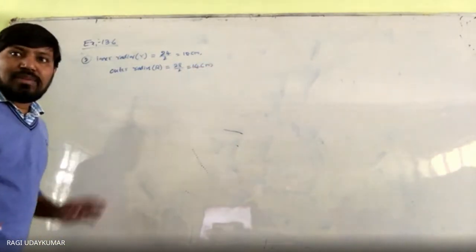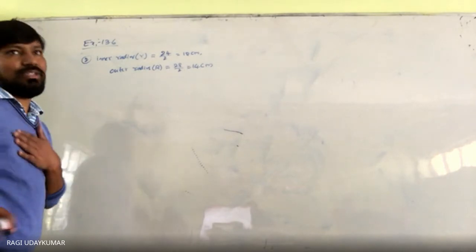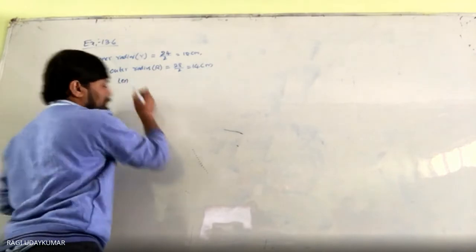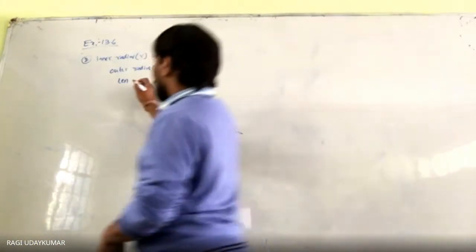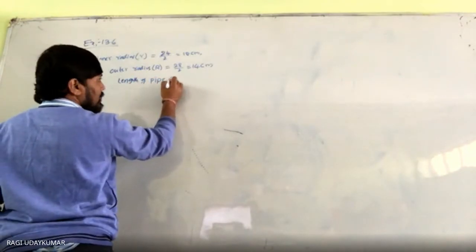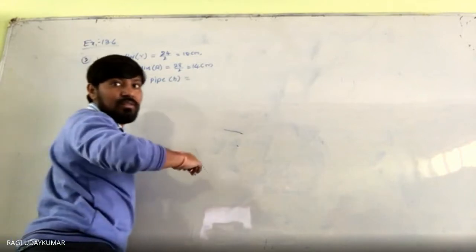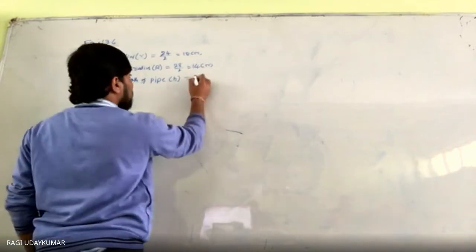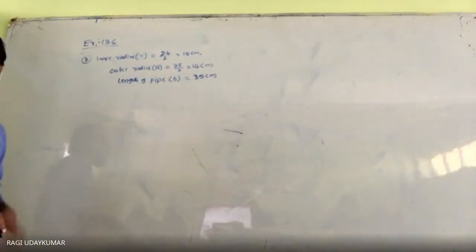And the length of the pipe is given to you, that you have to consider as a height. Length of the pipe you consider as a height, that is equal to 35 centimeters.